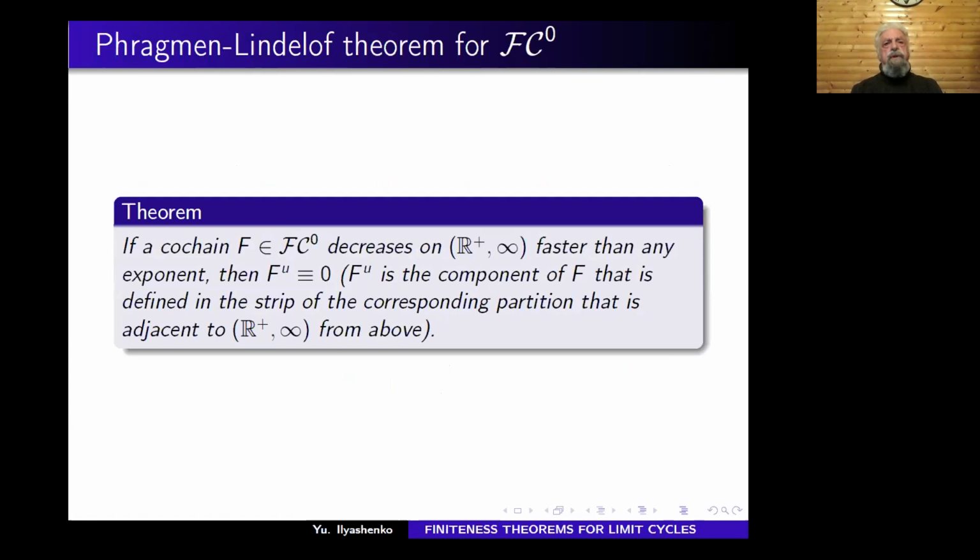An important property of almost regular germs was the following. Almost regular germs are completely determined by their asymptotic series. If two almost regular germs have the same asymptotic series, then their difference decreases faster than any exponential on the real axis.